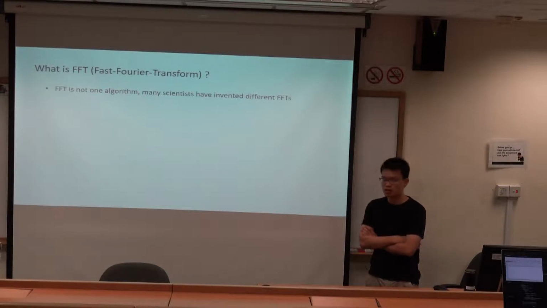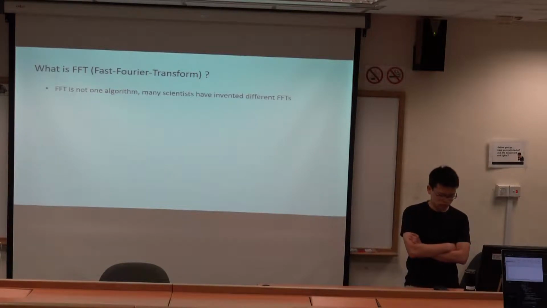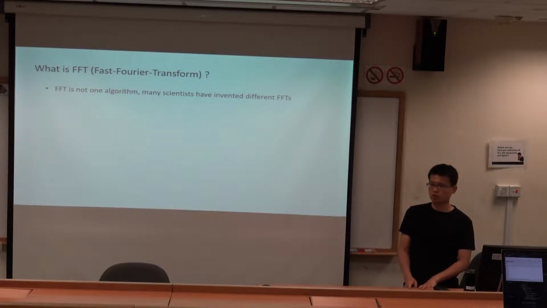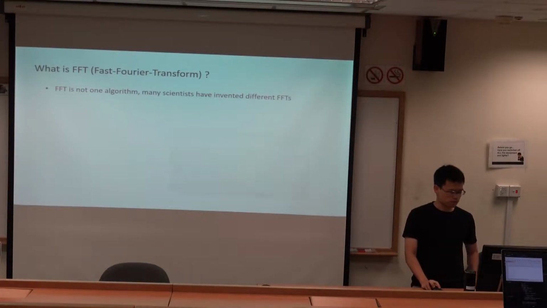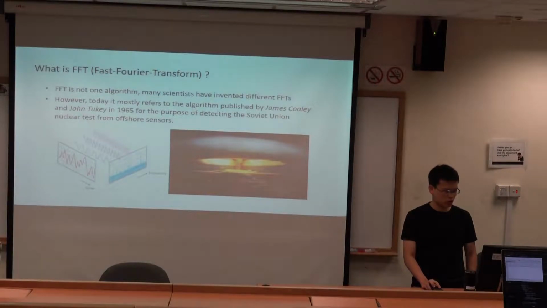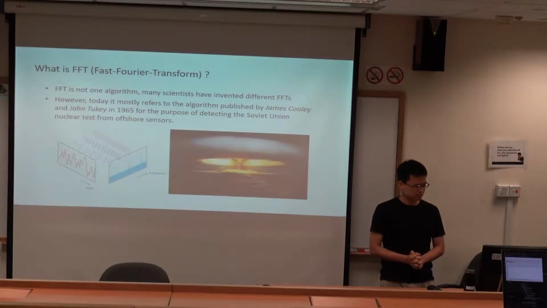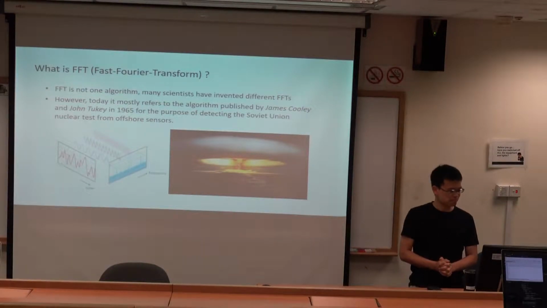Many scientists have proposed their own FFT algorithms. However, today, when we talk about FFT, it mostly refers to an algorithm published by James Cooley and John Tukey in 1965 for the purpose of detecting Soviet Union nuclear tests. That's a true story.